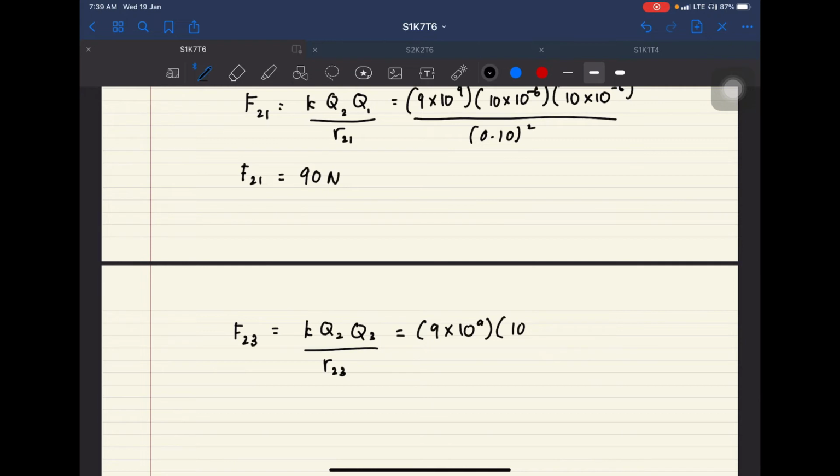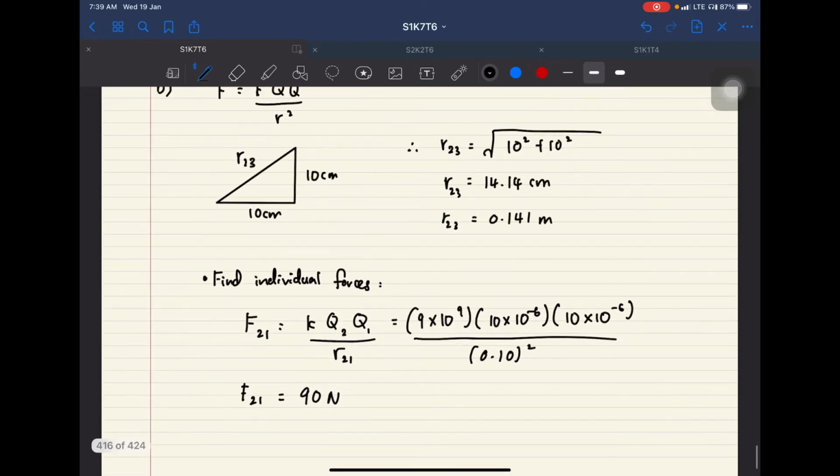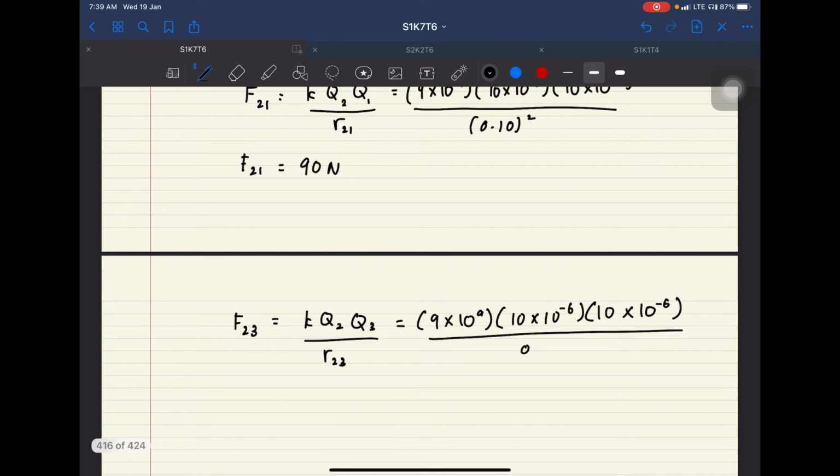Sorry, F23 wouldn't be the same. F24 would be the same. You have to use R23 that we calculated just now, 0.141.